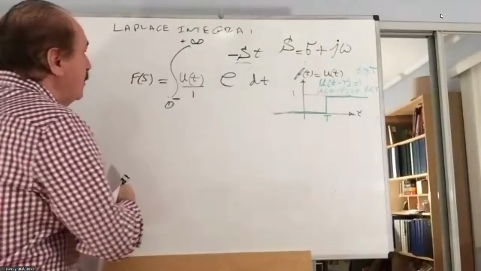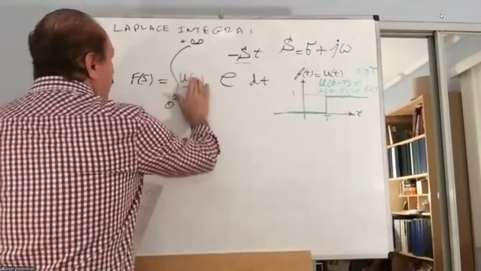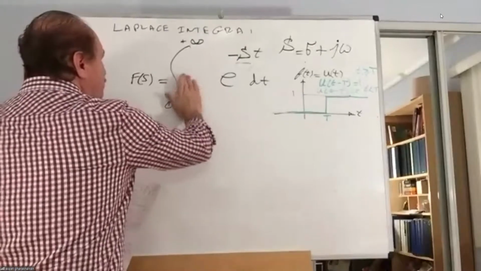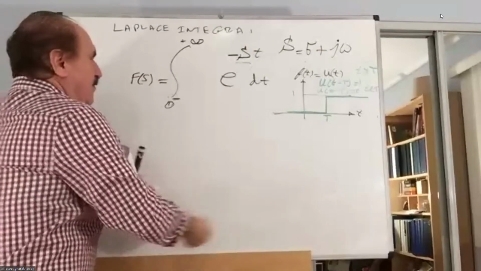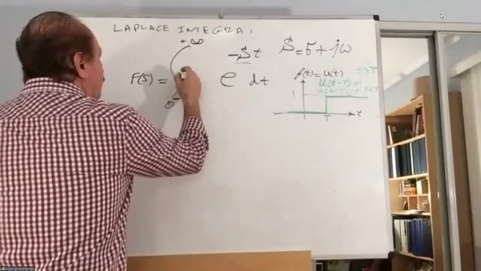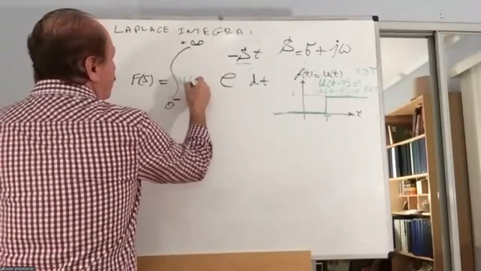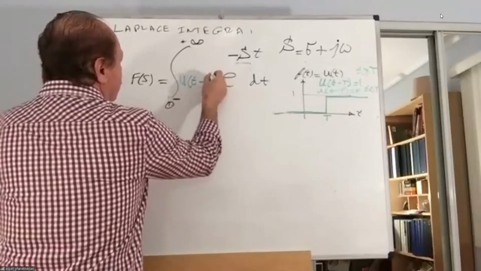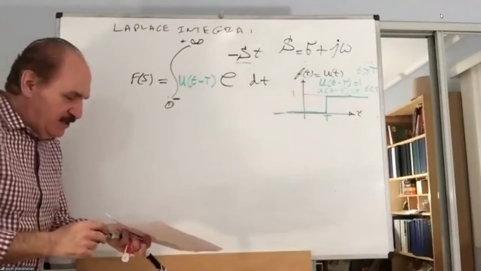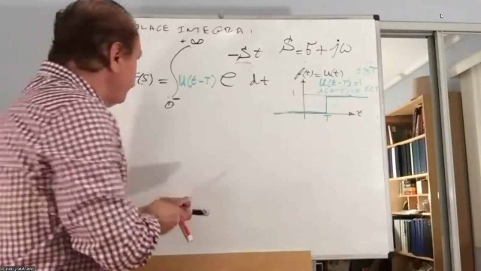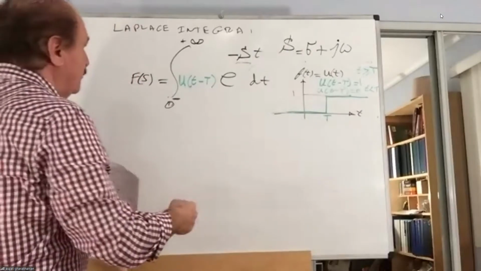Okay, so we're going to erase this and substitute it with u of t minus T, the delayed step function. Okay, let's take the integration.